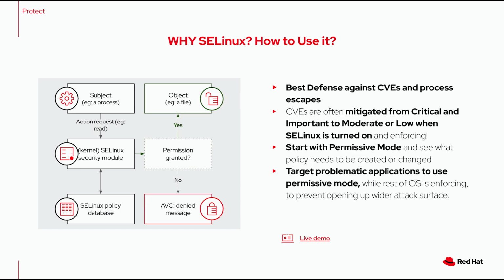You're going to have extra layers for that particular application. But then the rest of your operating system runs in enforcing and is able to be protected on that side. So starting in permissive mode is fine. Like I said, it gives you the audit trail that you need to be able to see what's going on. But if you can, fix the app. And if you can't, put the app in permissive, put the operating system into enforcing.